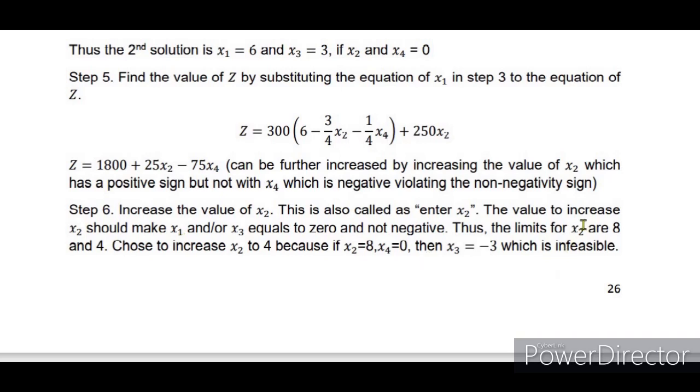So the value to increase x sub 2 should make x sub 1 and or x sub 3 equal to 0 and not negative, because when it becomes negative, it will be infeasible. Thus, the limits for x sub 2 are 8 and 4. Now, how do we get 8 and 4?